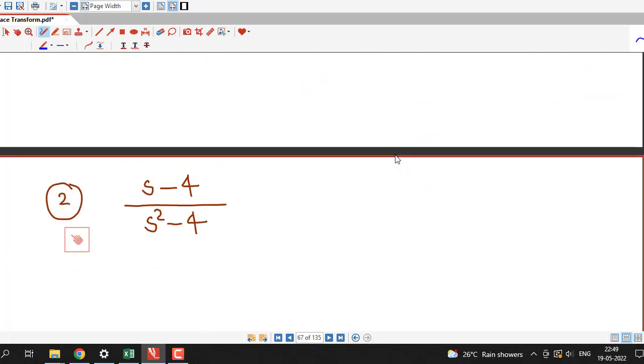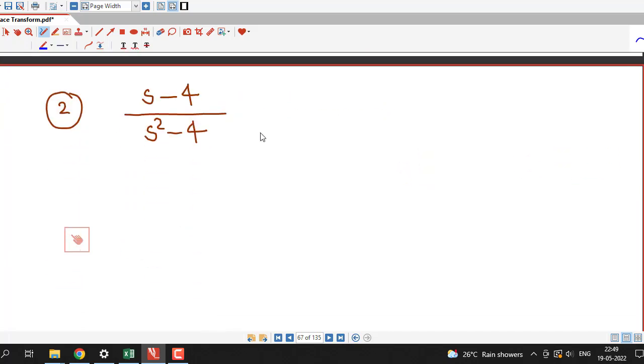We consider another function, s minus 4 divided by s square minus 4. So we have to write our function in terms of those functions whose inverse Laplace transform is known to us. This I can rewrite as s divided by s square minus 4 minus 4 divided by s square minus 4.